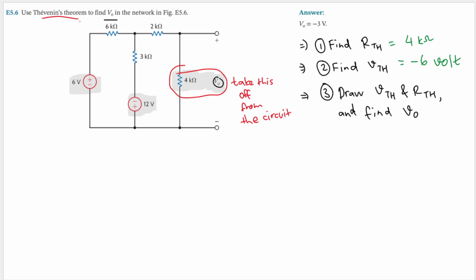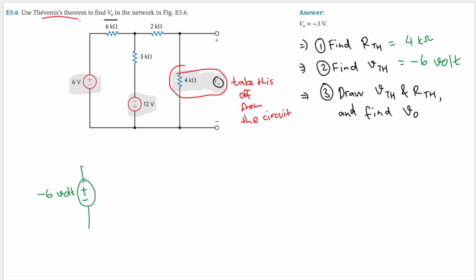Okay, the last step that we need to do is to draw VTH and RTH as the Thevenin equivalent circuit and then find V0. Okay, remember that we have this 4 kilo ohm RTH and minus 6 volt VTH. So that is drawn in series. So we'll have plus and minus here, and the value will be minus 6 volt.